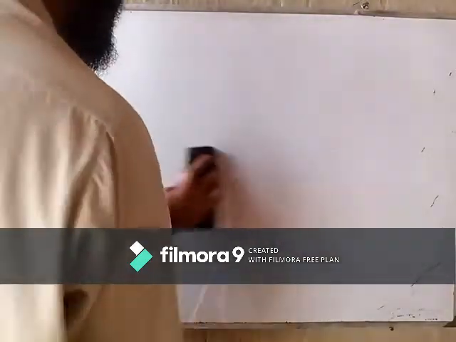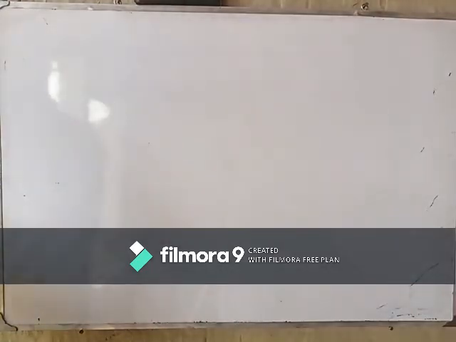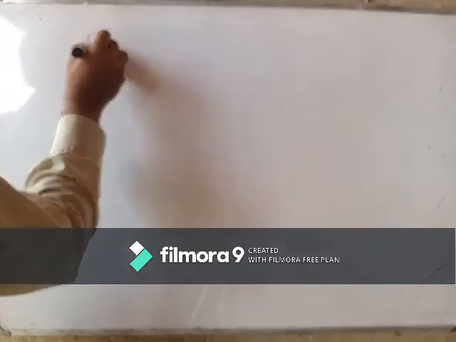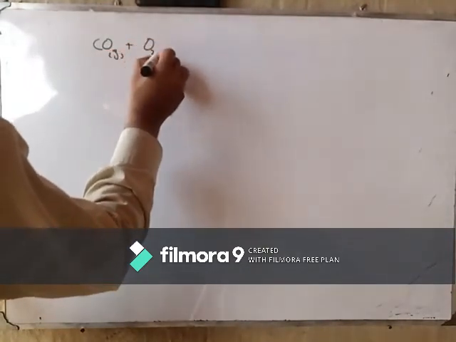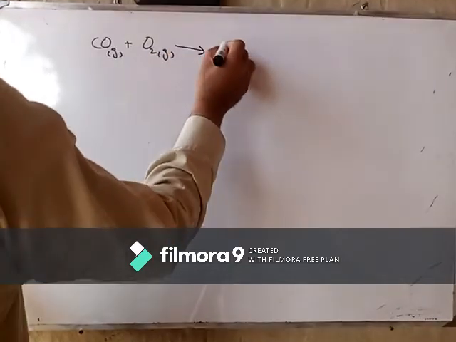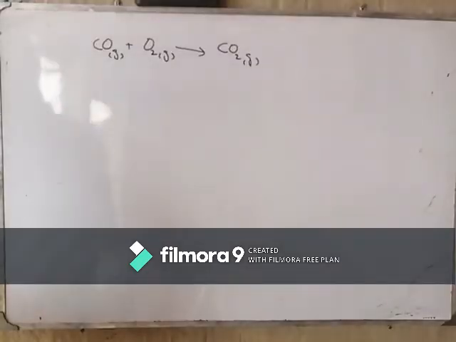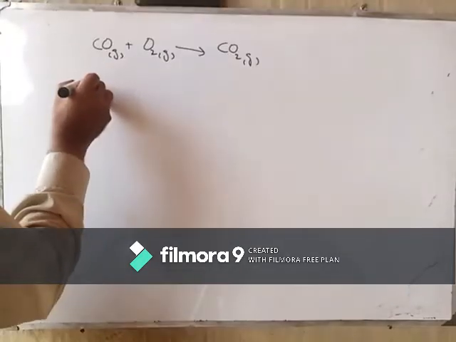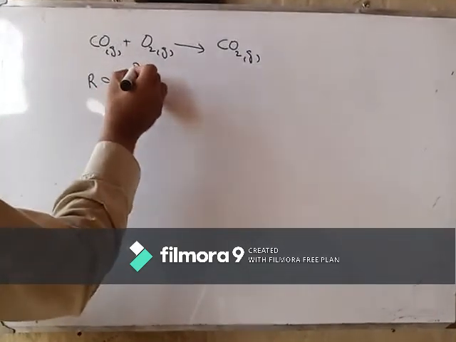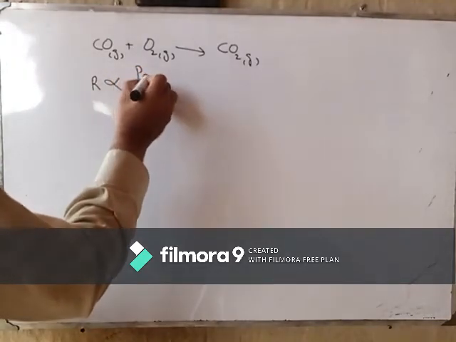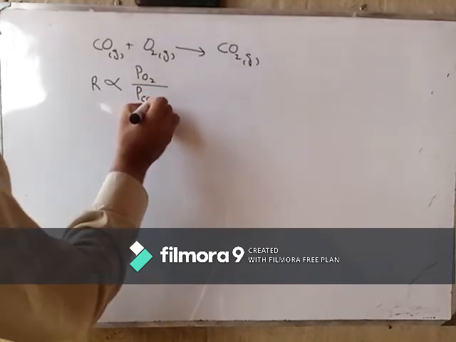For example, if you are given a question with this reaction: CO in gas phase and oxygen in gas phase give CO2 in gas phase. It has been experimentally found that the rate of this reaction is proportional to the pressure of oxygen and inversely proportional to the pressure of carbon monoxide.